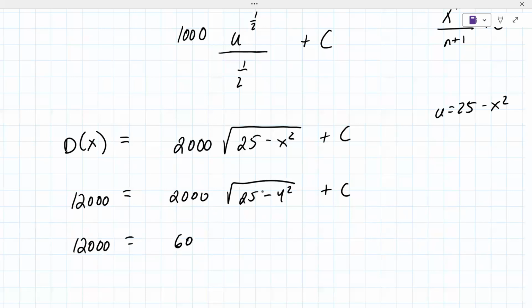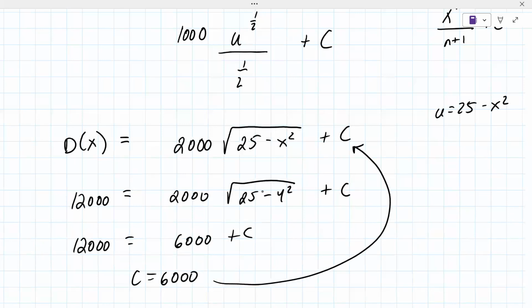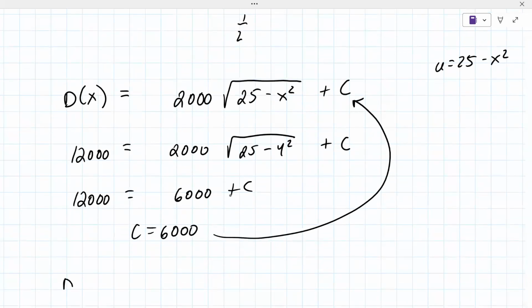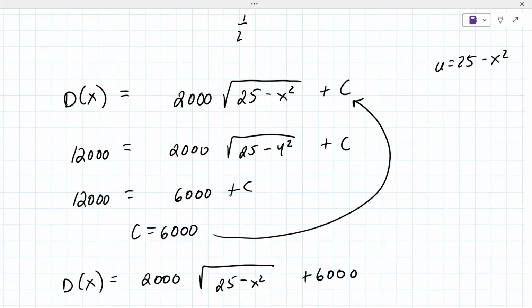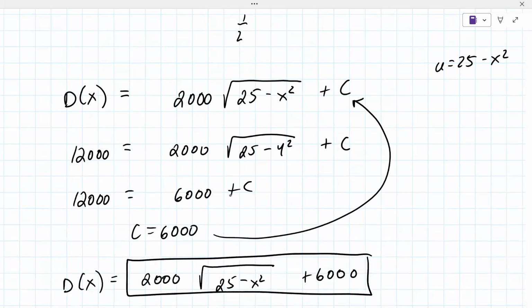This becomes 6,000 plus c. So c equals 6,000, and that goes back in this line here. So your final answer is to substitute in for c, and this is, I believe, what it wants in that box there.